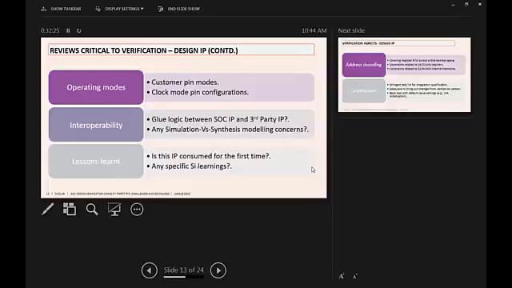Okay. The next item. These are not exactly reviews now, but some of the verification aspects that you need to consider. You need to know the customer pin modes, as I said, and the clock mode pin configurations: what the clock expectations are, and all those things that may be available from the vendor document. And interoperability.